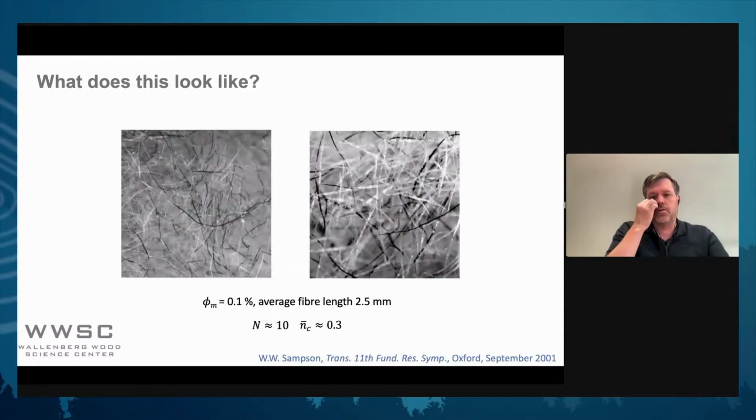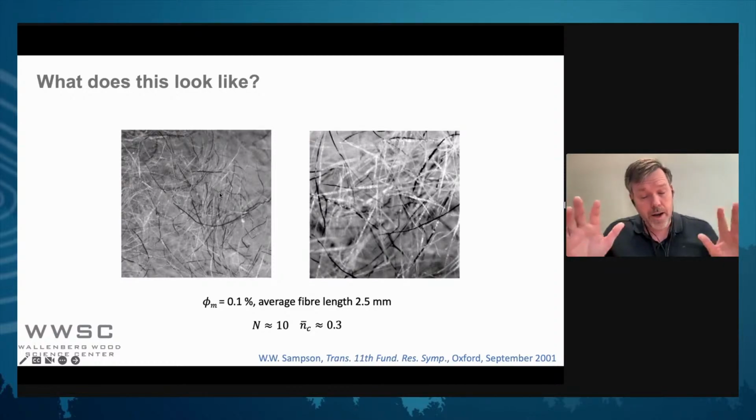The answer looks like this. This is going back to macro scale fibers, done by Bill Sampson from the University of Manchester. He took normal pulp fibers. He colored 1/10 of them black. He made these suspensions so you could look into them. It's very low concentration, but this is about the same contact points and crowding factor that we have when we are spinning. So this is what the dispersion looks like.